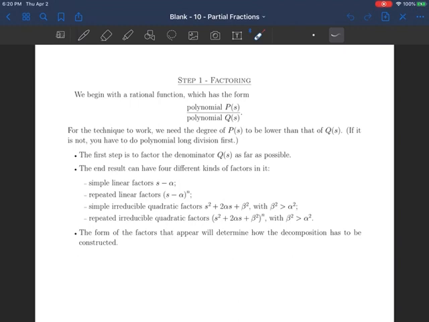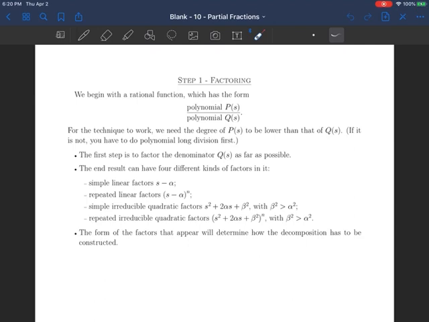If that's not the case, you can always make it happen by doing a polynomial long division. Then you'll have a polynomial at the beginning, and this rational function will be the remainder, and we can work with that. In any case, once we have it in that form, the first step is to factor the denominator as far as possible, factor q of s.